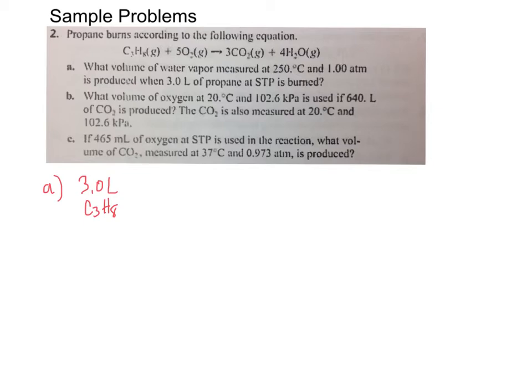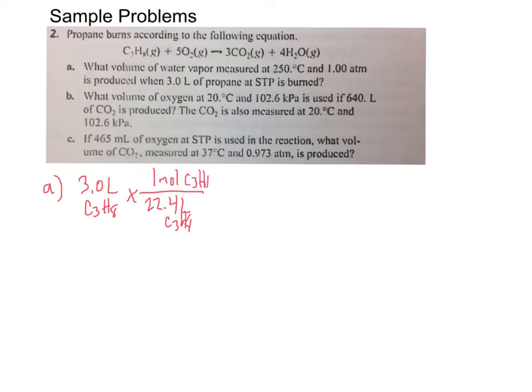We want to see how many liters of water we're going to get as a product from the combustion. Since it's at STP, we're just going to do it as a stoichiometry problem at first. We know that 22.4 liters of any gas, so propane is a gas, C3H8, is 1 mole of that gas.